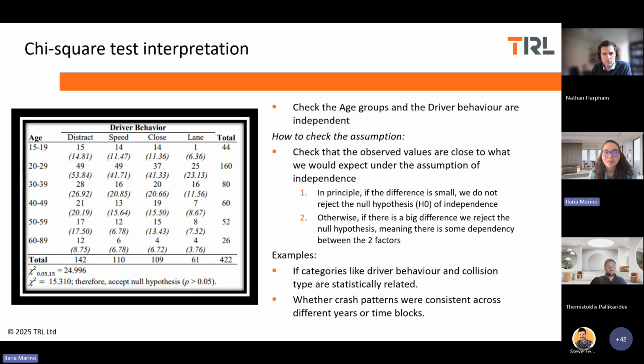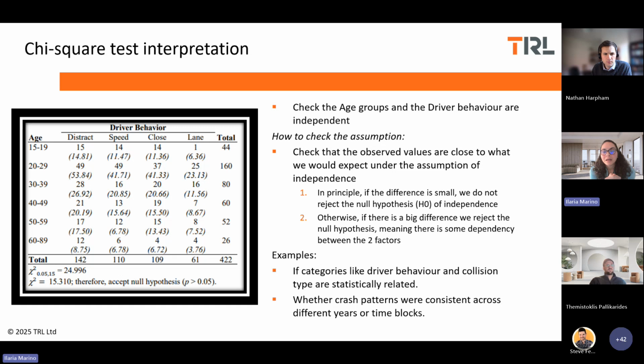To give you a more practical example, we are basically thinking about a cross-tab of frequencies. In this case, we want to assess if there is a relationship between age and driver behavior. What you see in the top figures are the observed values, and what you see in parentheses are the expected values under the assumption of no association between the variables.